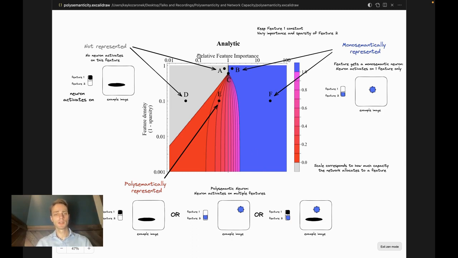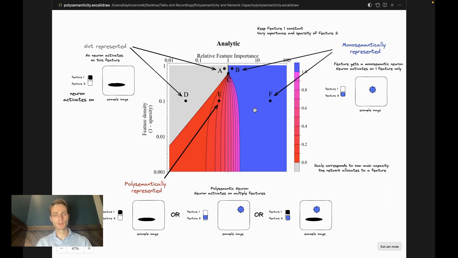What we can see here then is the relative feature importance of the neuron, whose feature importance we are shifting around, and its feature density, or 1 minus the feature sparsity. What we then see here is how much feature capacity gets allocated. So the scale here goes from gray 0 to blue 1.